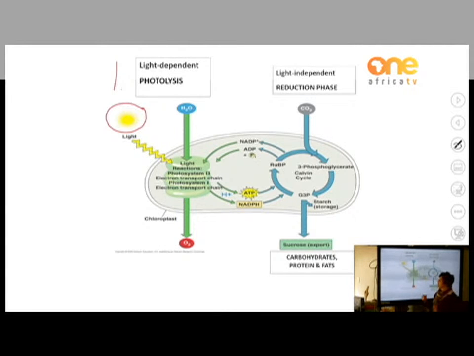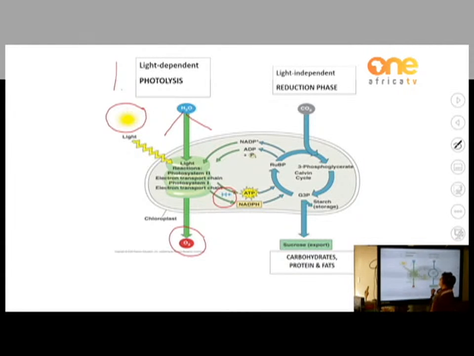In today's investigation, we are going to see if that is really the case. We call it photolysis because this light will split the water molecules into the hydrogens and the oxygens.